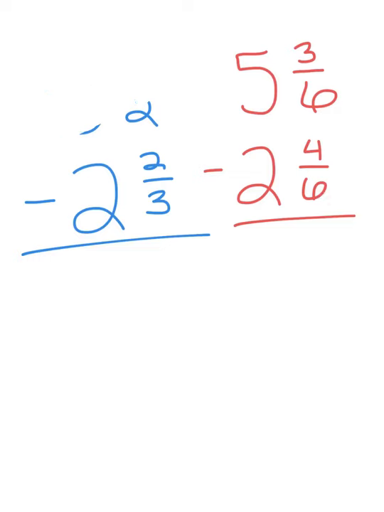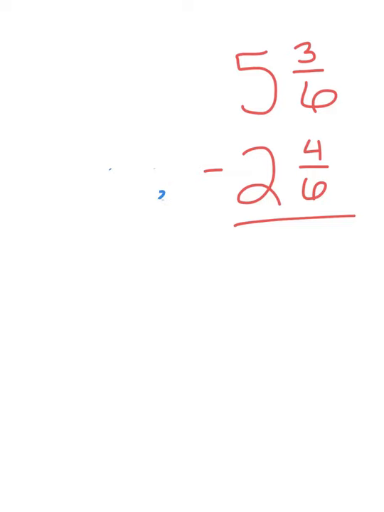All right, so the problem we're doing now is 5 3/6 minus 2 4/6. Except we still have this problem of 3/6 being smaller than 4/6, so we have to rename 5 3/6.